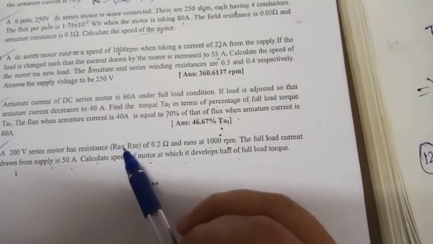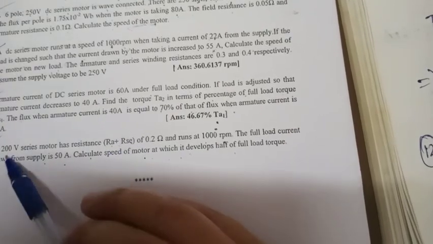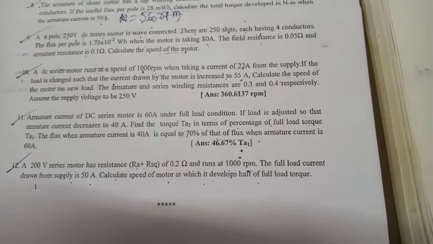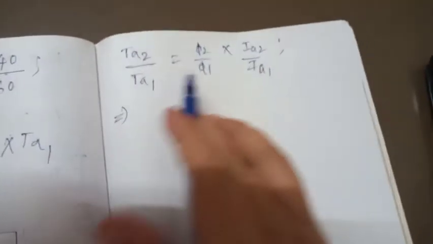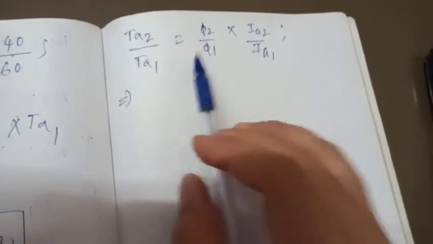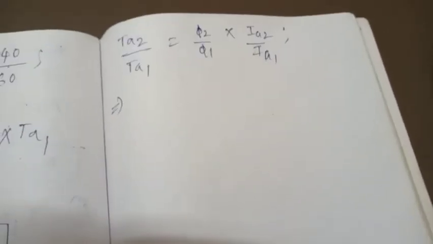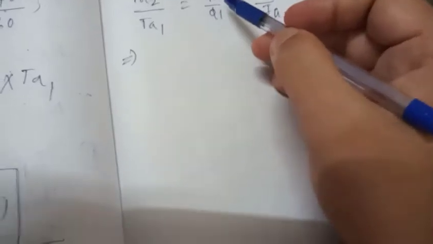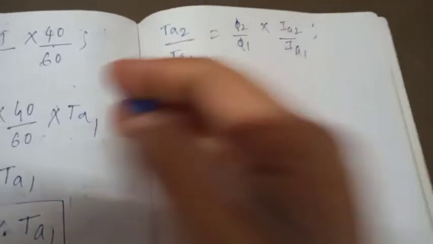Instead they have given RA plus RSC, the terminal voltage and rpm. You cannot apply this formula directly here, you can apply it indirectly. They have not given the change in phi 2 or phi 1.